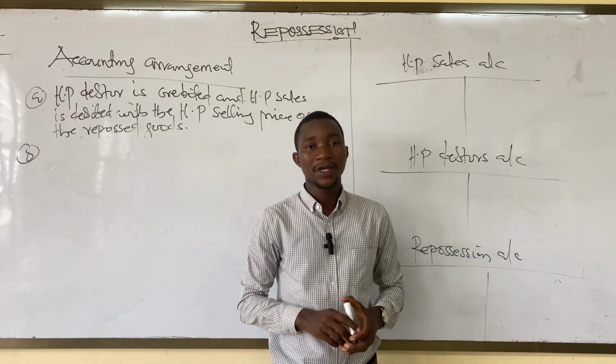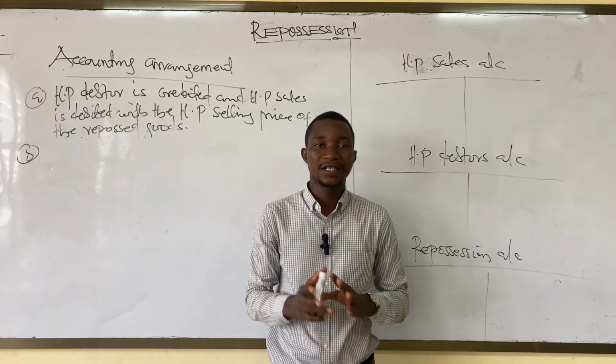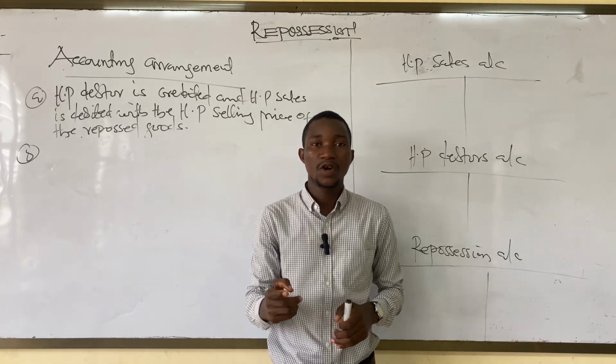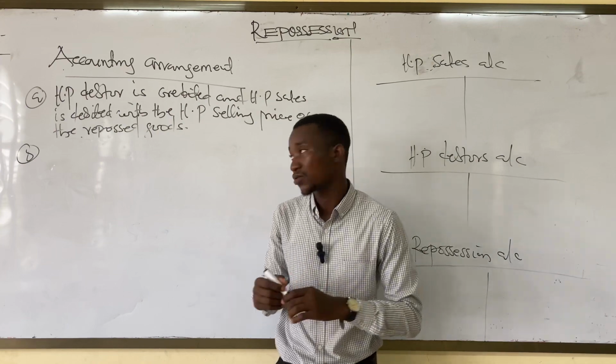The second accounting arrangement is that hire purchase debtor is debited and repossession account is credited with all deposit and installments already received on the repossessed goods.